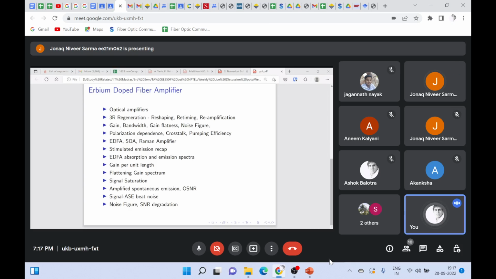So you have to calculate it using the shot noise formula. I have that formula. Yes, receiver sensitivity.